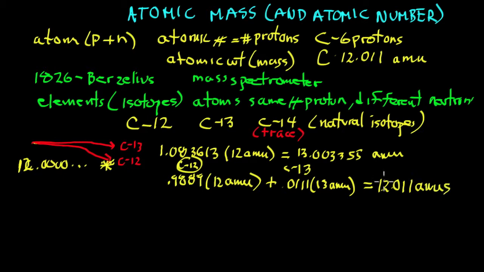AMUs. Now let me go back, because you're saying, boy, that's a lot of numbers. Here's the deal. All atoms can be weighed to a high degree of precision. The problem in this approach is there is a low degree of precision in these percentages right here. This is a natural percentage. This is called the occurrence, or the percent in nature.